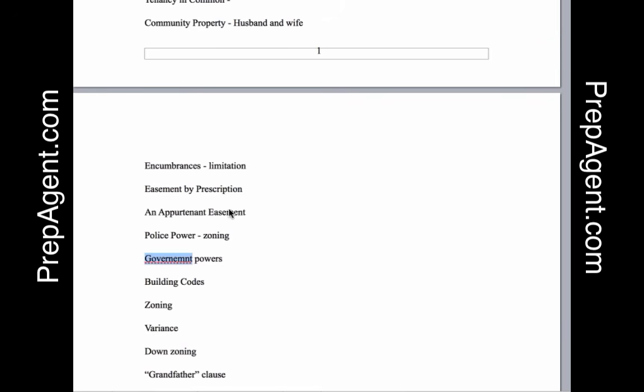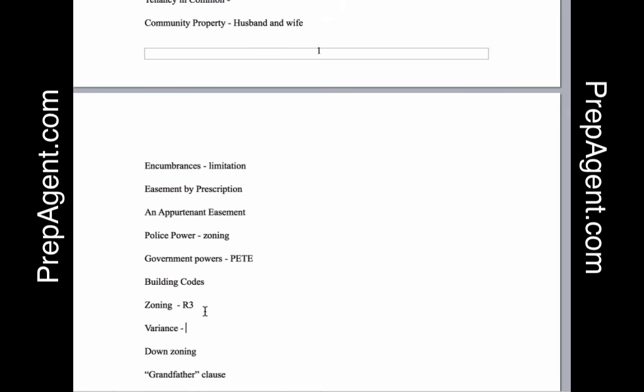Government powers are PETE: police power, eminent domain, taxation, and escheat. Good. Can you give an example of a zone? A zone is R1 for single family. Okay, and R3 would be multifamily residential.